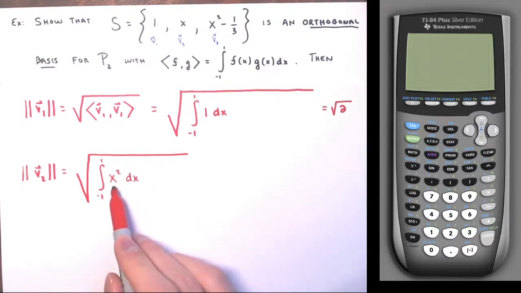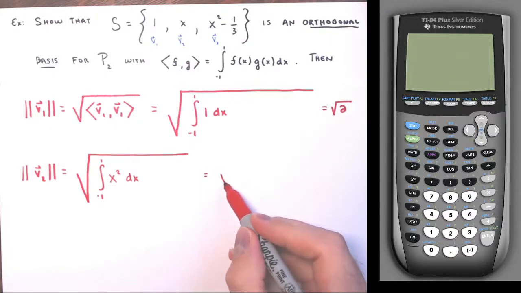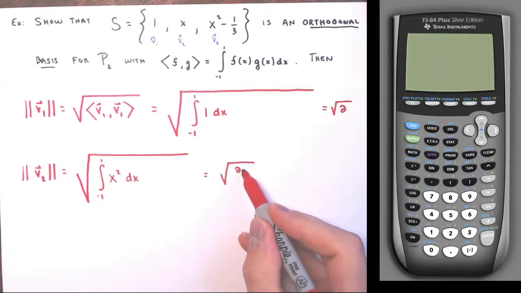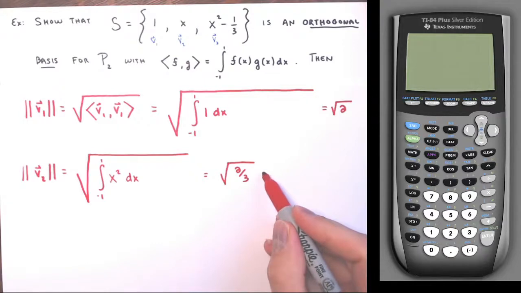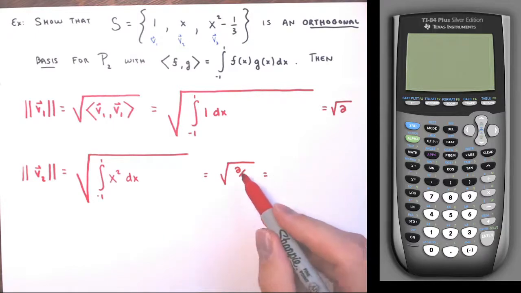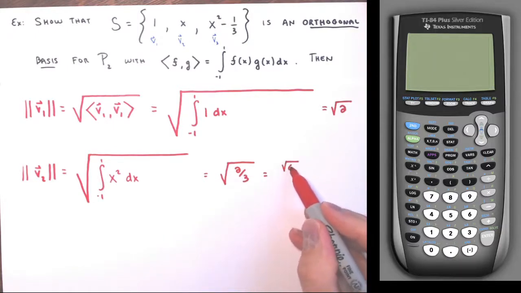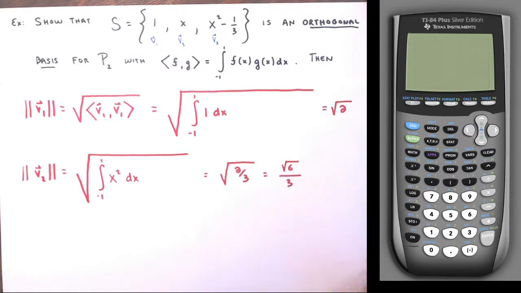You do 1/3 x cubed, plug in 1, plug in -1, subtract them, and you get 2/3. So this is the square root of 2/3, which, because I'm doing the reciprocal, I'll put the square root on the top. It would be the square root of 6 divided by 3, if I multiply the top and bottom by the square root of 3.